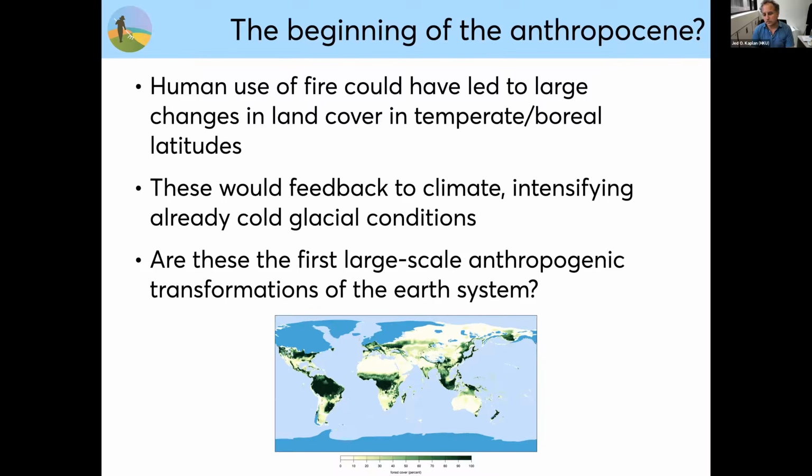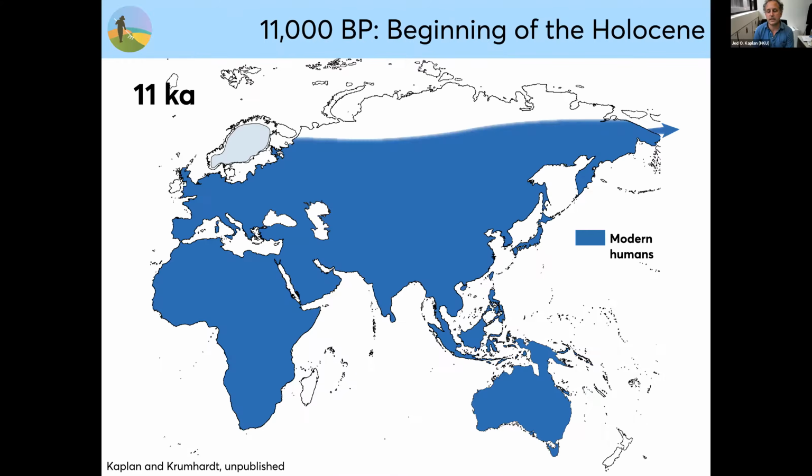Now, let's go a little bit further ahead in history to the beginning of the Holocene. So we went from 21,000 years ago, we've fast forwarded 10,000 years to 11,000 years ago. And by this time, humans are not only present all over the Eastern Hemisphere and probably right up into the Arctic, but they also moved into the Western Hemisphere and clear down to the southern tip of South America.